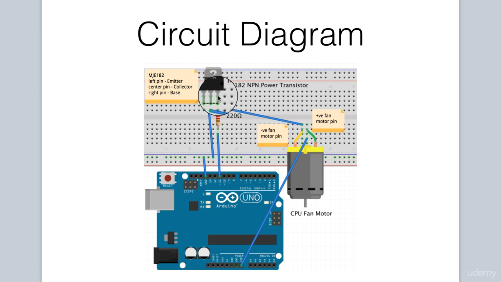The difference in this circuit compared to the other circuits that we've done is that we'll also need a secondary power source for the Arduino. This is because in order to drive the motor for our fan, we require a higher voltage and a higher current. You can use an external AC adapter which provides 12 volts that we connect directly to the DC jack of our Arduino to power our fan.